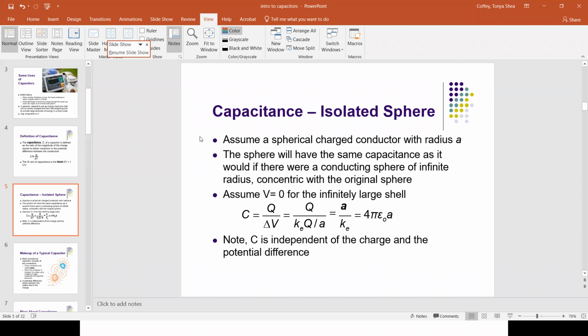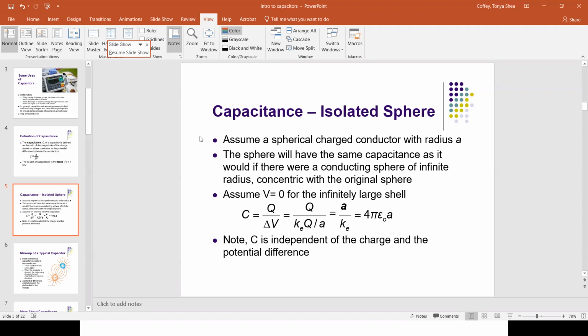And so if the sphere has a charge Q and radius A, then doing C equals Q over delta V would give us Q on top. And then on the bottom, the voltage at the surface of the sphere as referenced to infinity, which we've shown in previous lectures, is the Coulomb constant k times Q over A, where A is the radius and Q is the charge. Now you can see here that the Q's cancel out top and bottom.